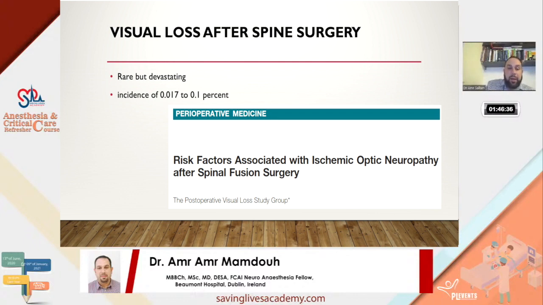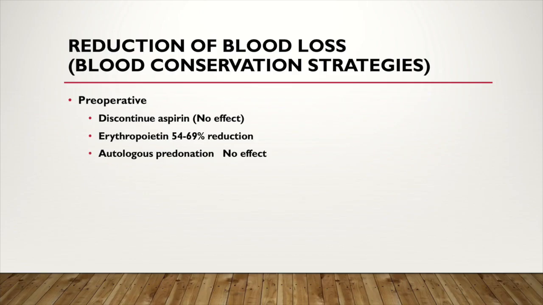That was answered in an article published in 2010 about blood loss, where they studied all the other ways, and just to go through them: discontinuing aspirin doesn't have any effect on bleeding. On the contrary, surgeons sometimes ask the patient, if they are on aspirin, please don't stop it. Erythropoietin might cause some reduction in the requirement for blood transfusion, while autologous predonation doesn't have the same effect.